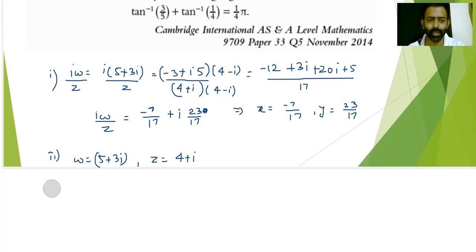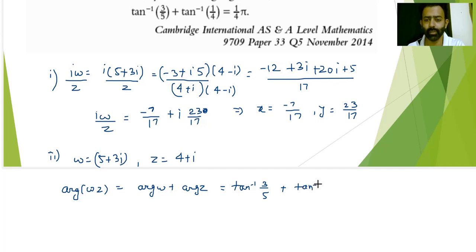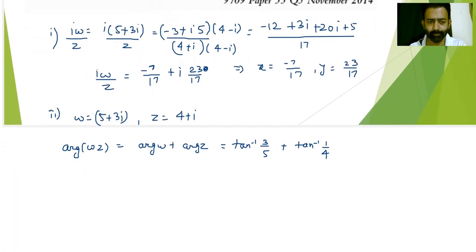Okay, so I am writing that argument of wz will be equal to argument of w plus argument of z, right? This we already learned. So argument of w is tan inverse 3 by 5 and argument of z will be tan inverse 1 by 4, right? So how can we prove that this is equal to pi by 4? Let us multiply these two, w and z, and find out what complex number we get.